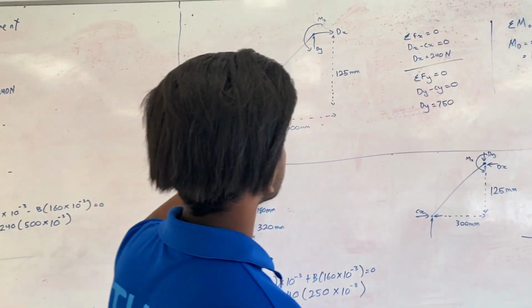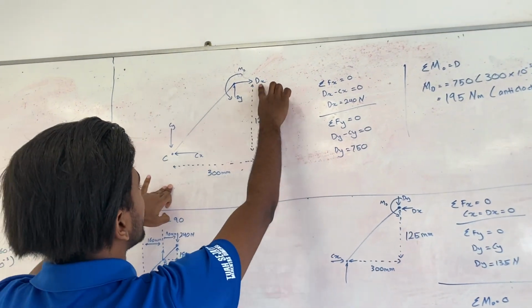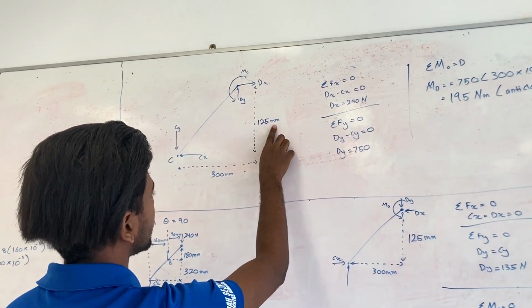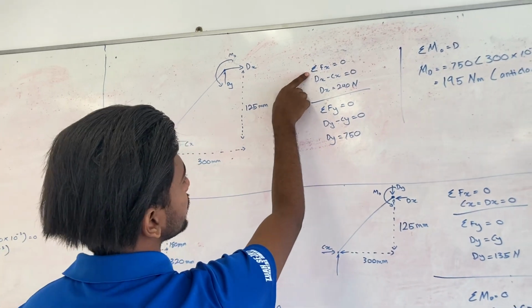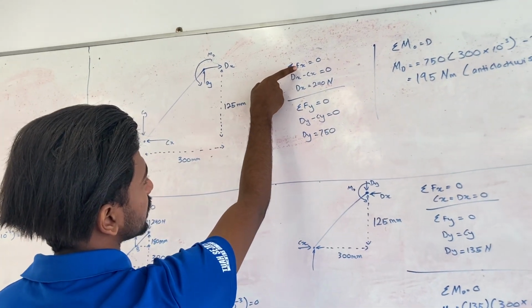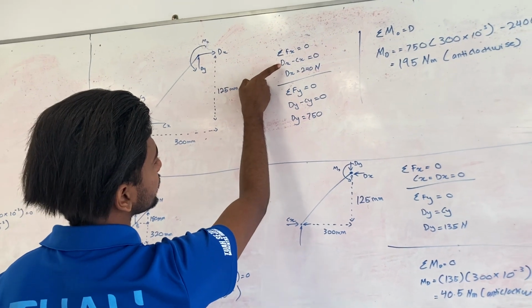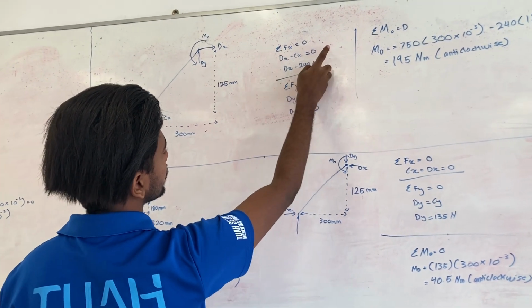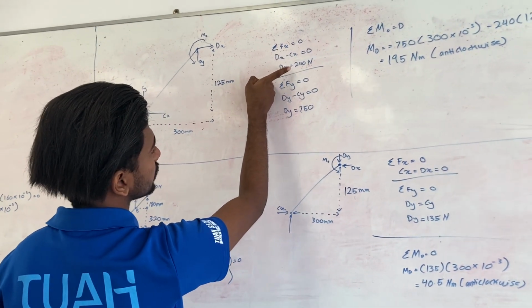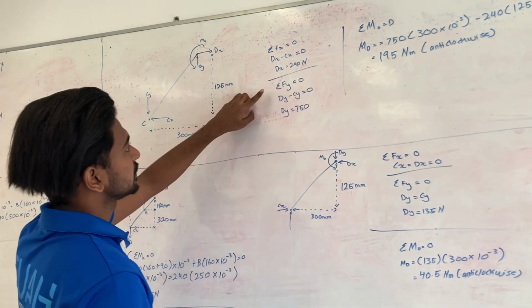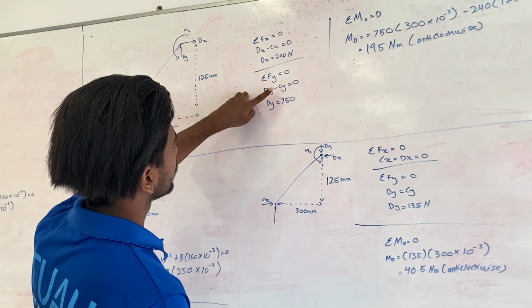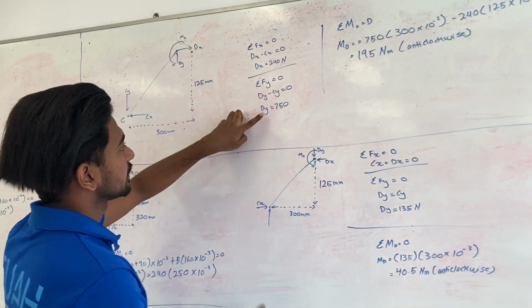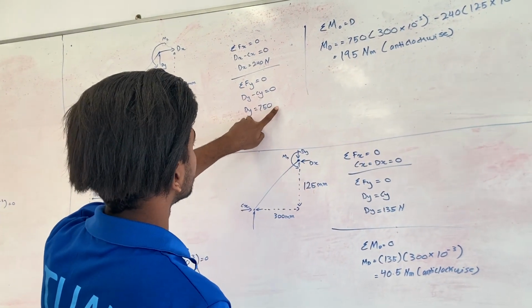For this diagram, this point to this point is 125 mm, this is 200 mm. For summation of forces on x-axis equals 0, Dx minus Cx equals 0, and Dx we got 240 Newton. On summation of forces on y-axis equals 0, Dy minus Cy equals 0, Dy equals 750 Newton.